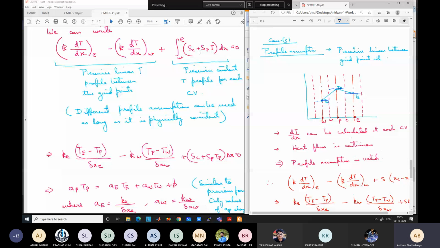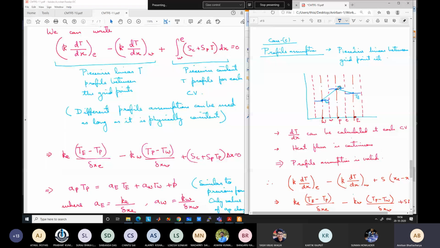So what is the constant? Constant T is equal to the T at the grid point. I am assuming that T is not changing within the entire grid point. If T was changing linearly like this, then I would have to integrate properly, west to east T dx. I would have to divide it into two parts: west to point P T dx, where I know the slope of T with x, and then from P to small e I have to calculate another integral.